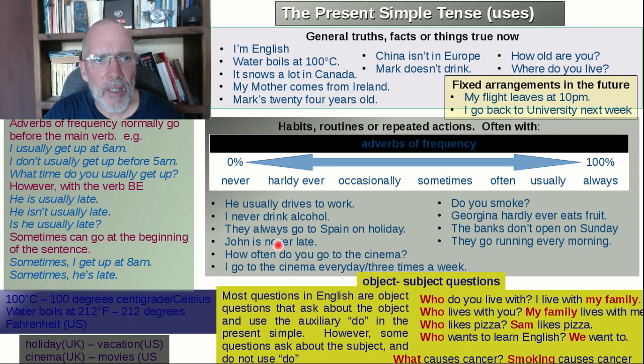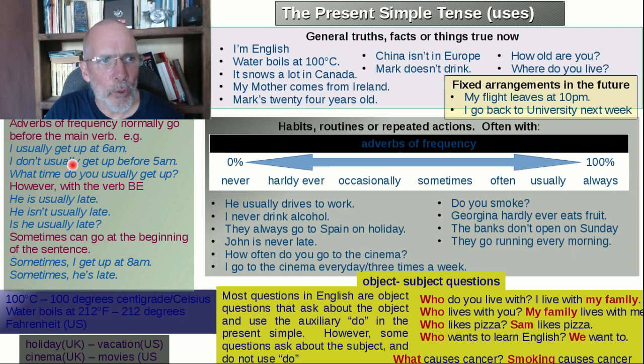John is never late. If you're paying attention, you'll notice this time the adverb of frequency is after the main verb. And the reason for that is because adverbs of frequency normally go before the main verb. For example, I usually get up at 6 a.m. Usually plus main verb.